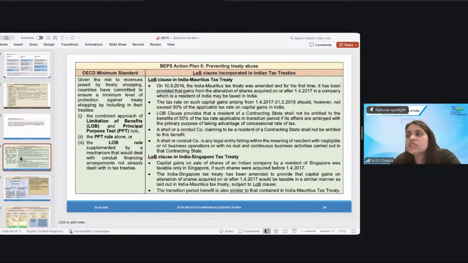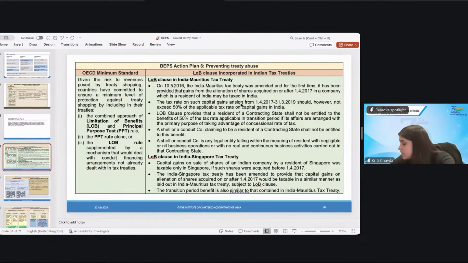But the LOB clause they provided in that particular tax treaty basically said that a resident of a contracting state shall not be entitled to the benefit of the 50% tax rate, which was the transition period, if the affairs are arranged for the primary purpose of taking the benefit of the concessional tax rate. So this is what they provided in the Indo-Mauritius tax treaty when it comes to the LOB clause.